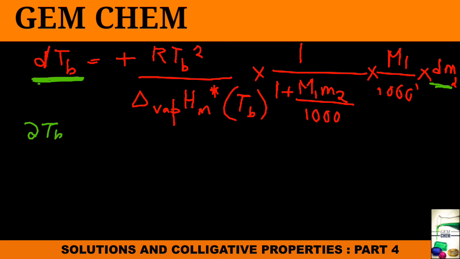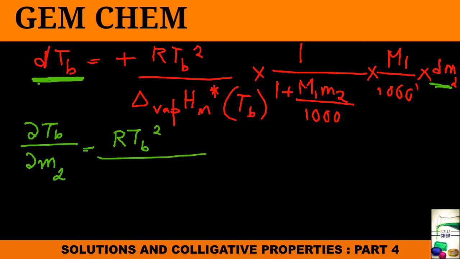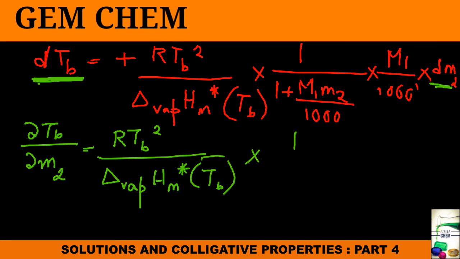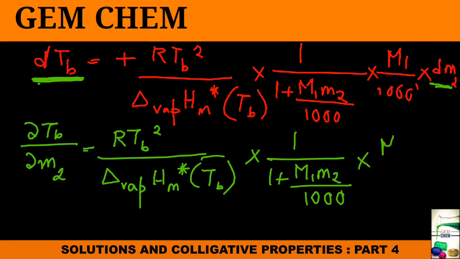Delta TB by delta M2 is equal to RTB square by delta VAP HM star TB multiplied by 1 plus M1 M2 by 1000 into M1 by 1000.